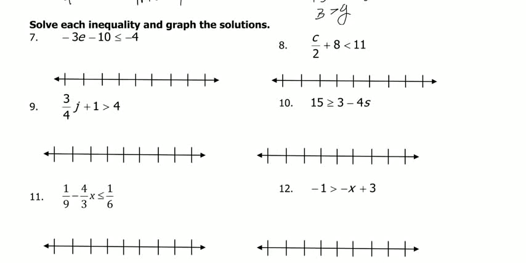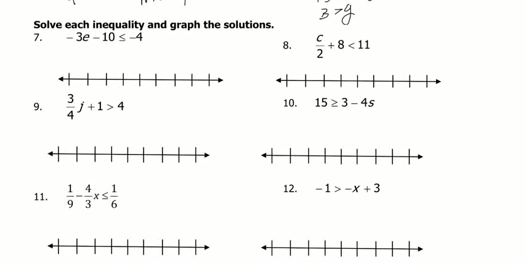All we have to do is add the constant, or get rid of the constant. In this case, we're going to add 10 to both sides. That's going to leave us with negative 3e being less than or equal to 6. Then we divide each side by negative 3.